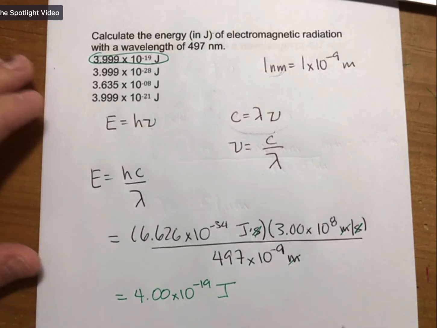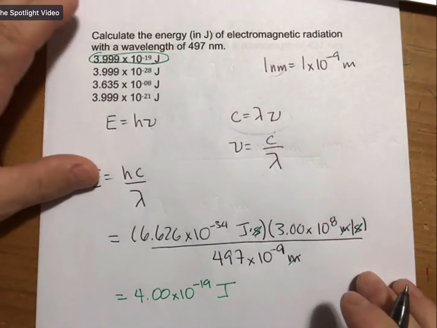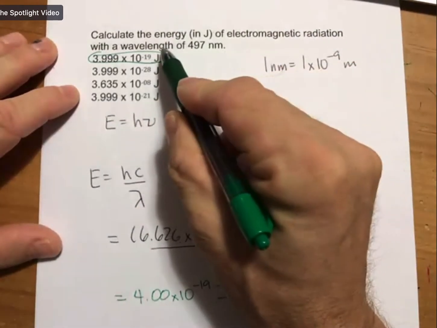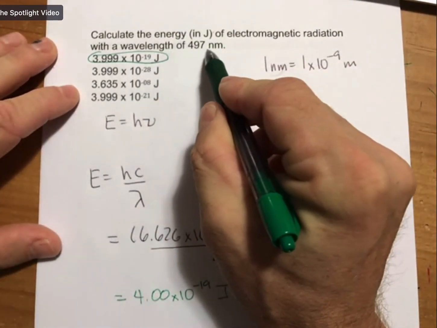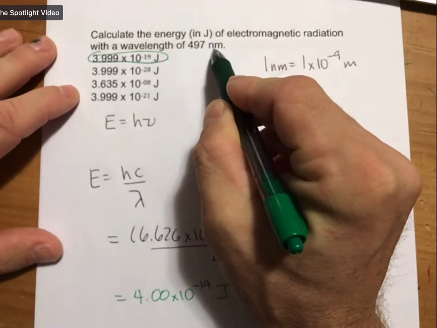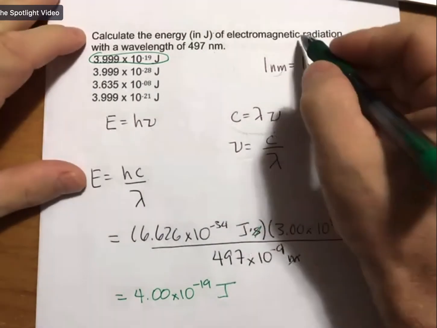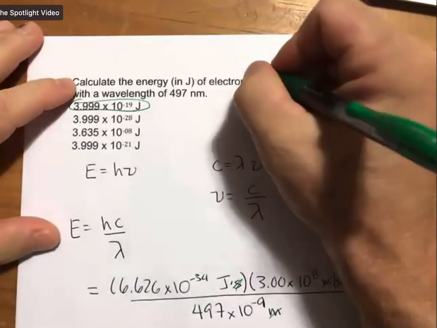If not, I do have one or two other things to say about this. This is the energy of a wave with a particular wavelength. What we said was that the smallest packet of electromagnetic radiation is called a photon.